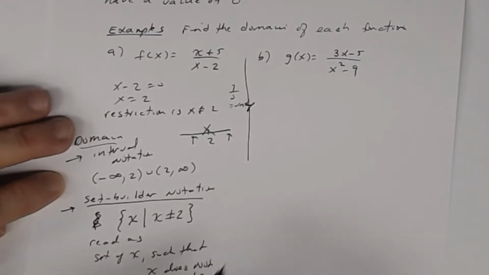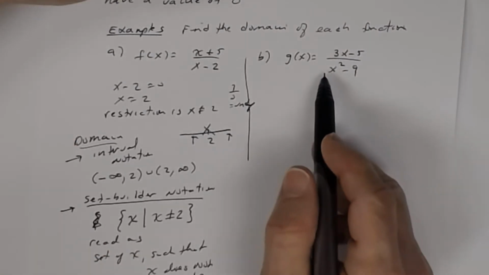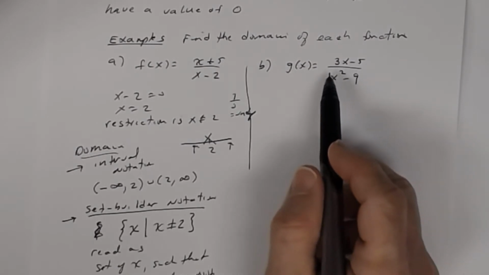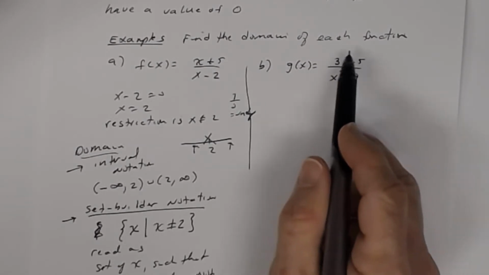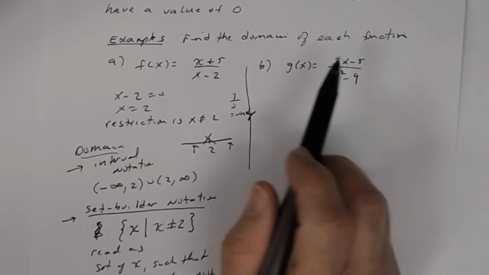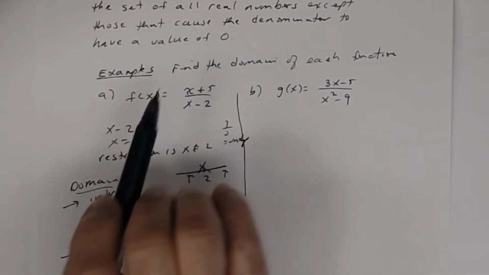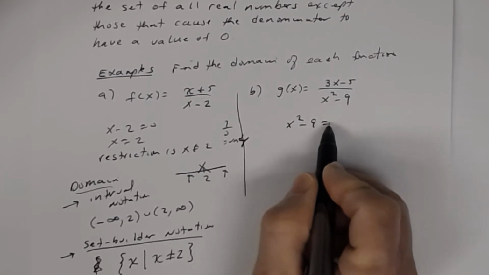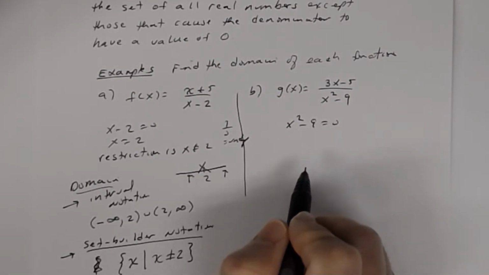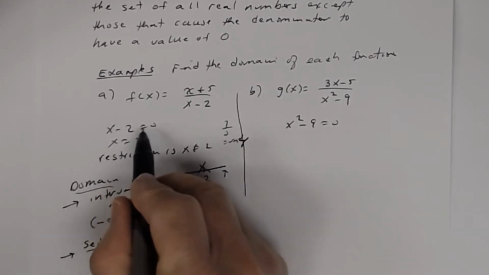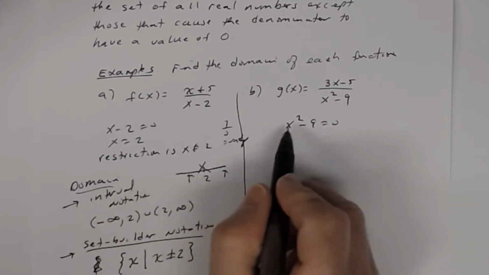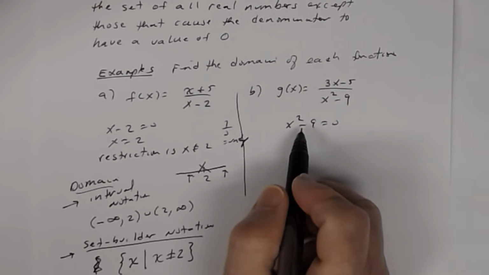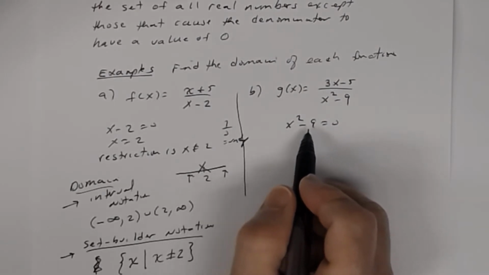All right, let's look at part B. Again, when finding the domain, it does not matter what the numerator is. The numerator can be 0. It's just that the denominator cannot be 0. So all we do is set the denominator equal to 0 and solve this equation. The previous one was linear; now we have a quadratic. It's easy to solve because it's the difference of 2 squares, so I could factor.